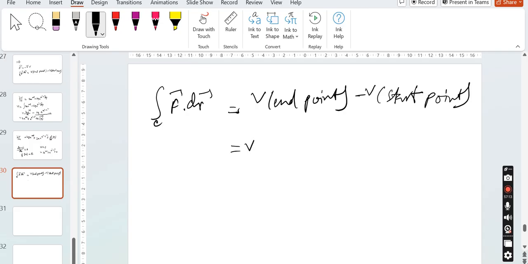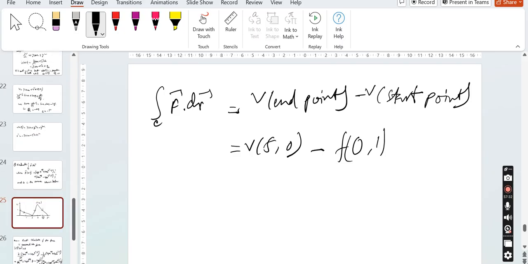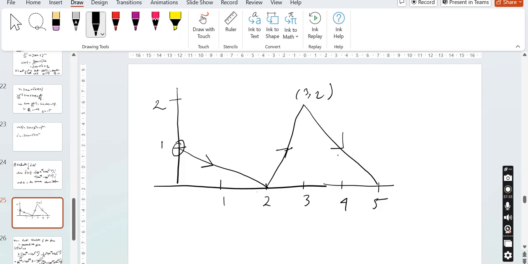So basically V of 5 comma 0 is the final point minus V of 0 comma 1. This is 5 comma 0, and what we have updated will take care of all this.